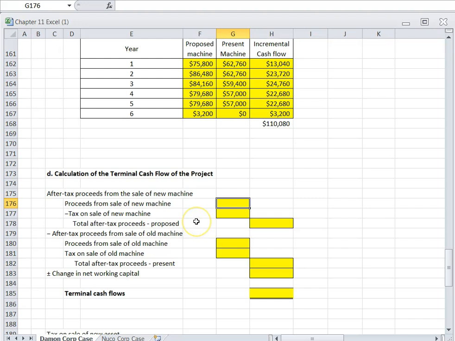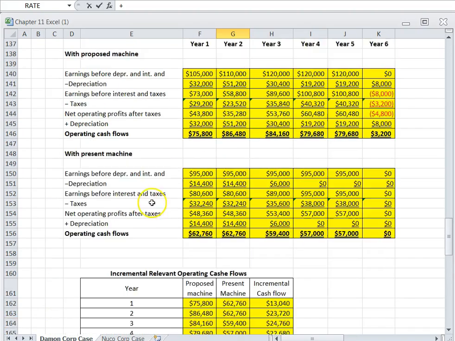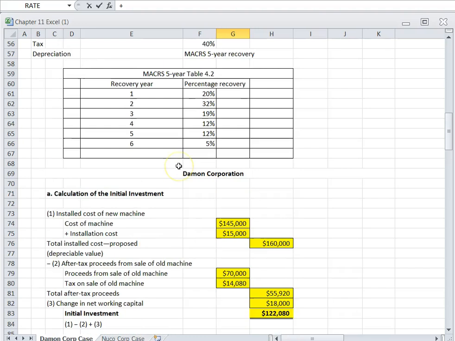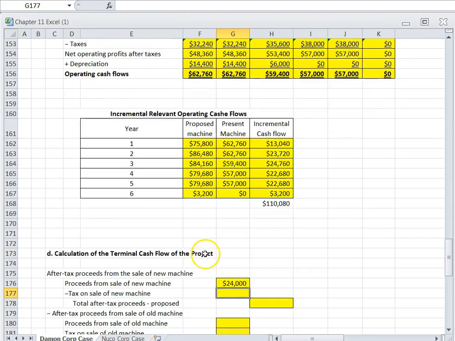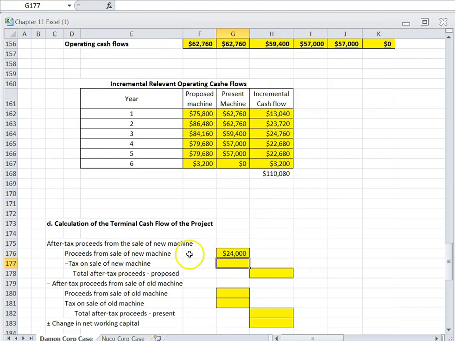All right. Do we have that calculated somewhere up here? Let's see. Salvage value. So when it says the salvage value of the new machine after 5 years, this is what they're talking about when they're saying proceeds from the sale of the new machine.